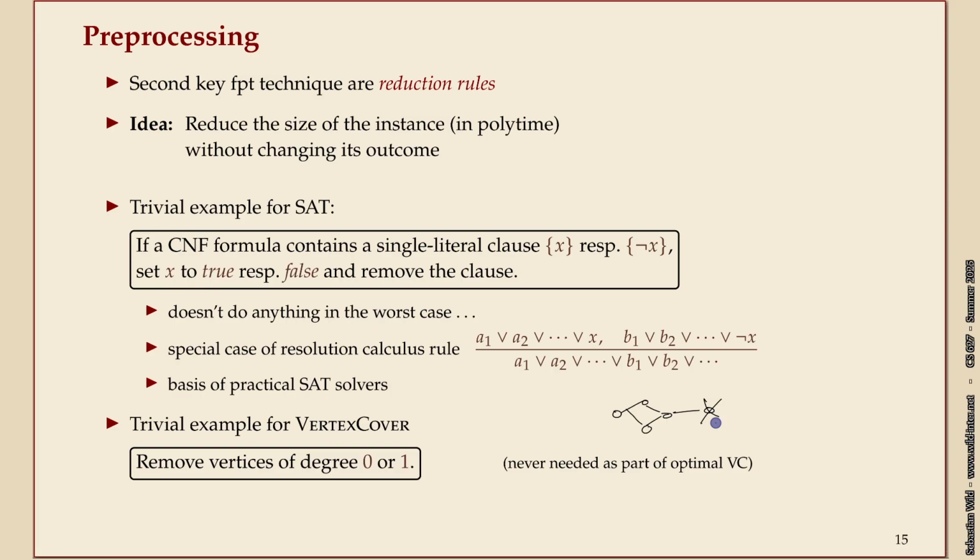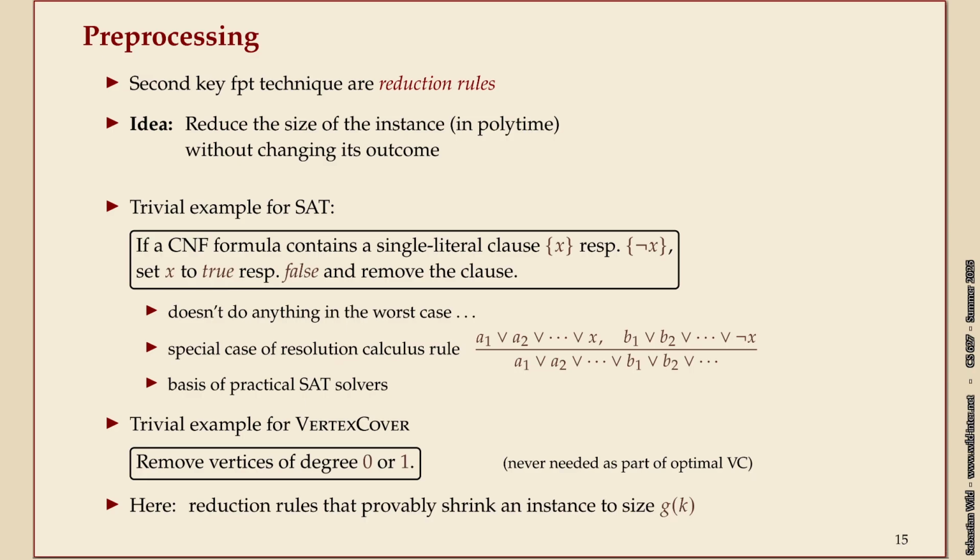This rule, again, doesn't look very powerful because many graphs won't have too many degree 0 and 1 vertices. But thinking along these lines will actually lead to something more interesting. You can define these simple rules forever, but the goal is to have rules where you can prove that they leave the instance much reduced, namely so much so that it's only bounded in terms of the parameter.